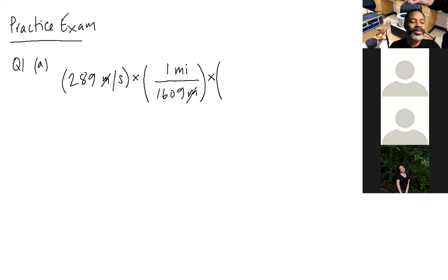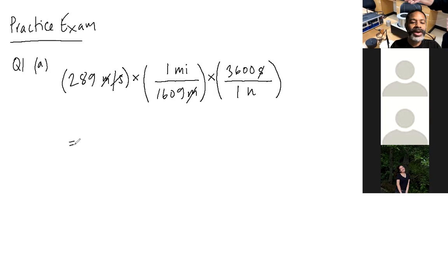What we're doing is we're just changing the units that we're expressing the quantity in. So 1 mile over 1609 meters, and then we're going to multiply that by 3,600 seconds, which is the number of seconds per 1 hour. And so what this is going to do, it'll cancel seconds with inverse seconds, and so you're left with miles per hour.